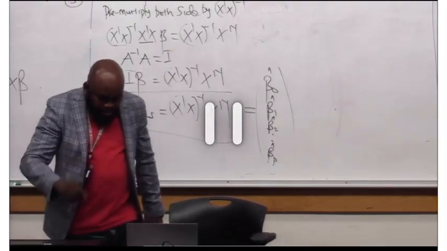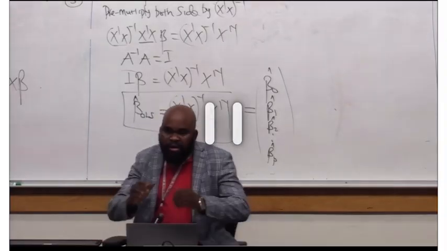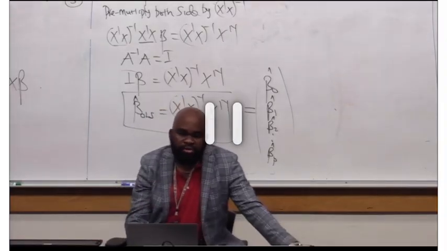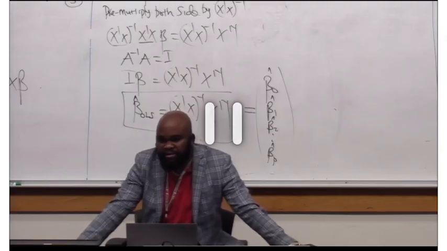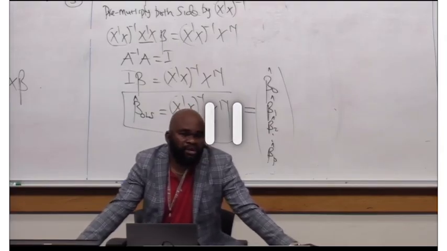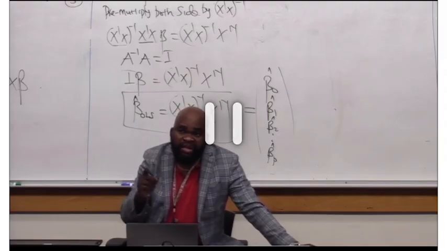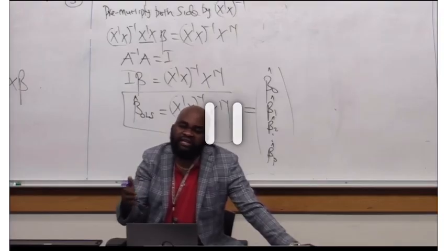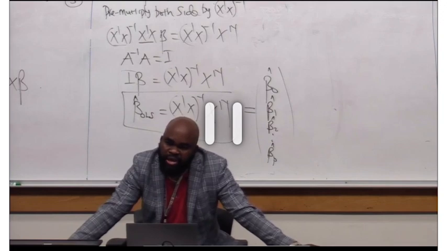But what I want to do right now is show you how we can represent simple linear regression in matrix form. If you understand that, then you'll be able to generalize this idea to multiple linear regression.